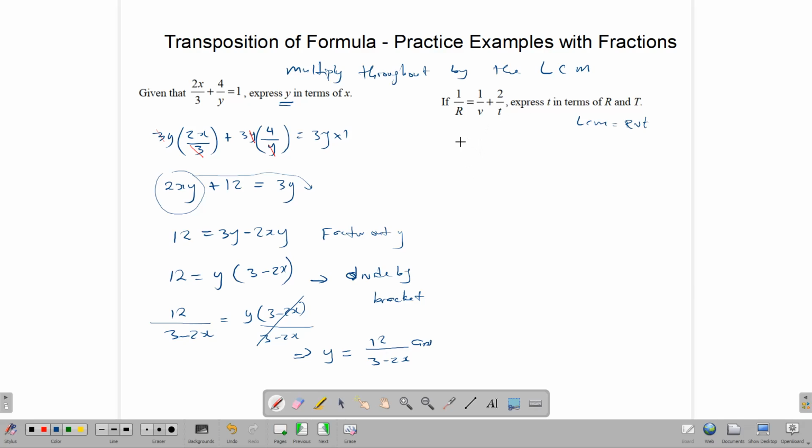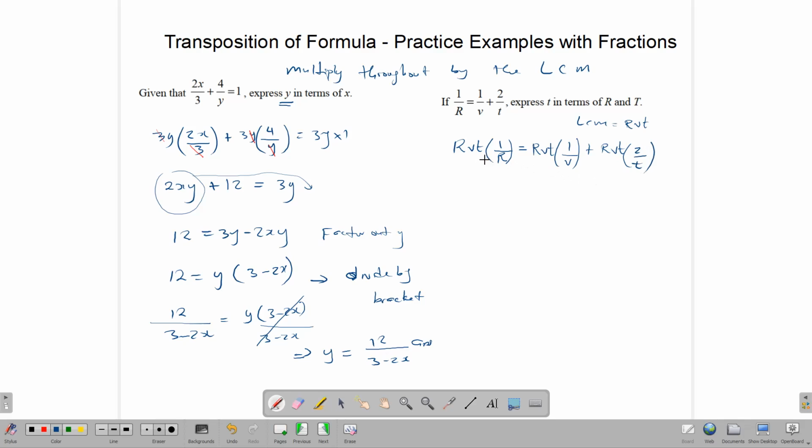So we say R, capital R, V, small t, times 1 over big R is equal to RVT times 1 over V plus RVT times 2 over T.